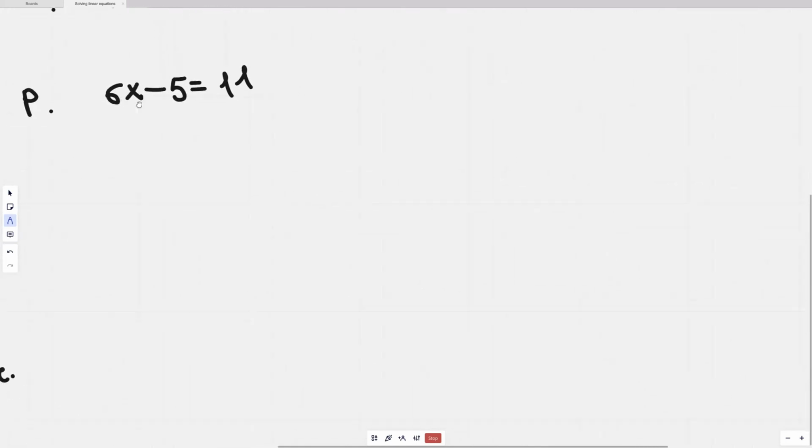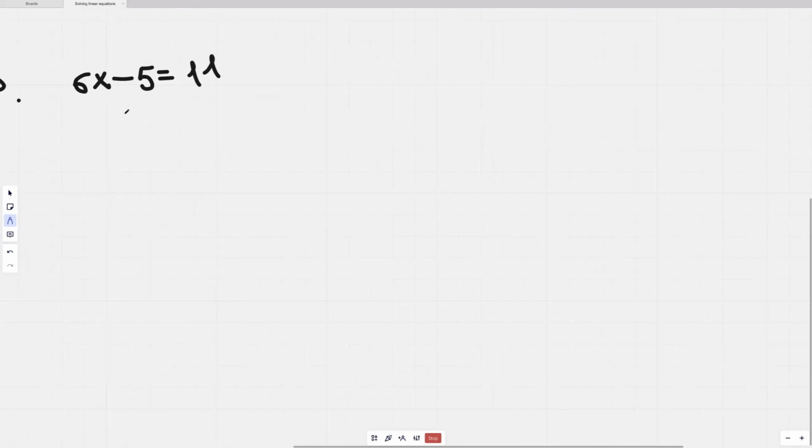To solve this equation, as I told you, we have to leave only x on one side and the constants on the other side. Without moving, we can just add something to both sides. For example, we can add 5 to both sides, and then we can write it as 6x minus 5 plus 5 is equal to 11 plus 5, right?